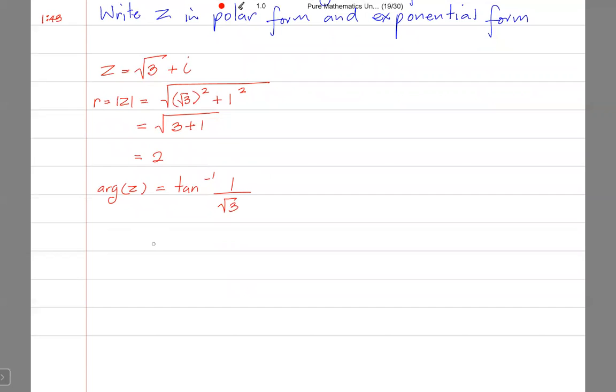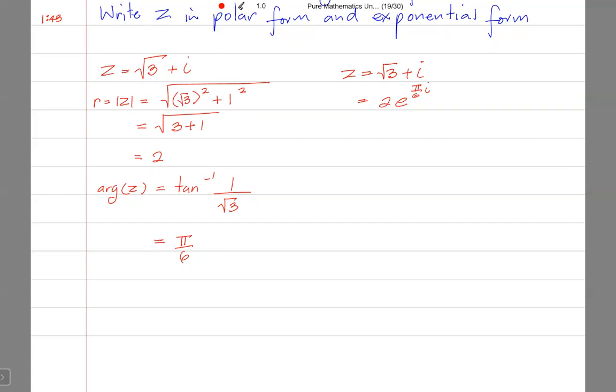So the argument here is 30 degrees, which is pi by 6. So this means that the complex number z, which is root 3 plus i, in exponential form is 2e to the pi by 6 i.